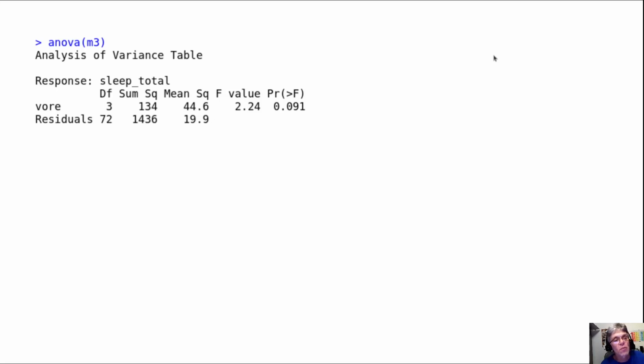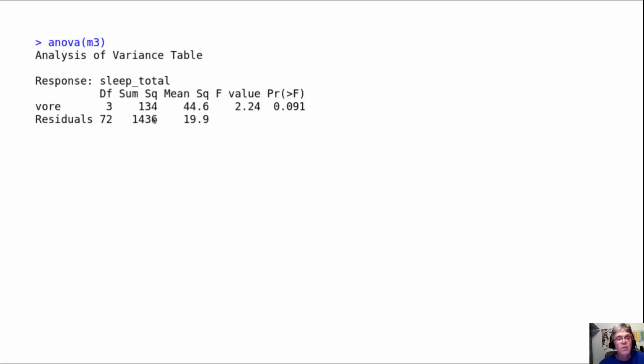So we can also compute the ANOVA table, in which we have the degrees of freedom of the two sources of variation. This is the explained source of variation, the difference between diets, and this is the residuals, or within group variation, 72.